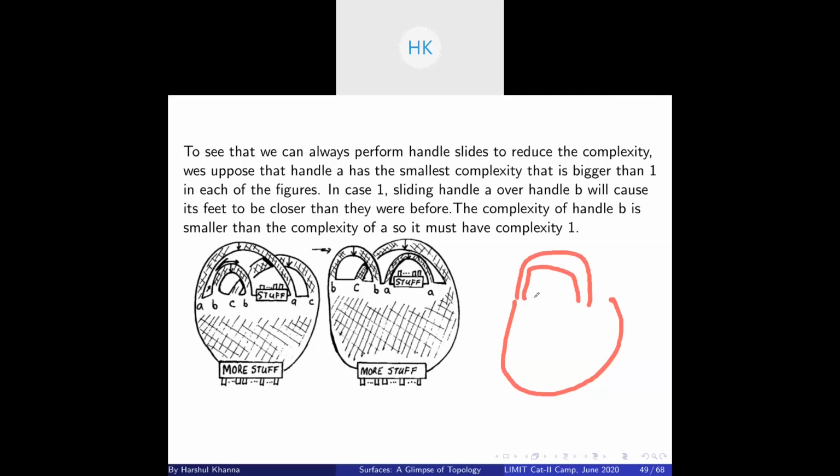Suppose that the next immediate mate, which is B, has its mate inside of A, and you have other stuff here, other stuff here. The next immediate mate B, suppose the other side of the handle occurs within A, then we can just slide A over B like this, and we will reduce its complexity, right?